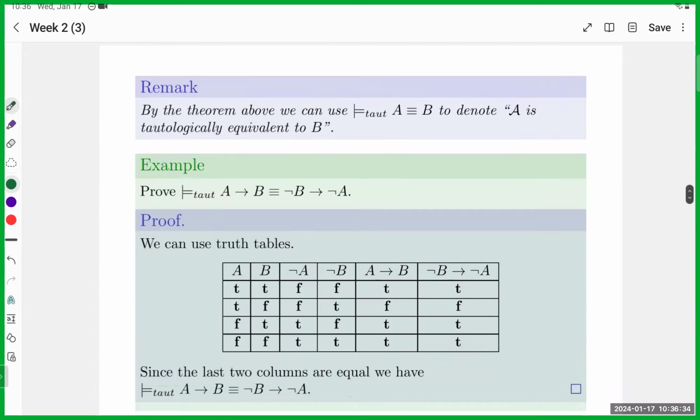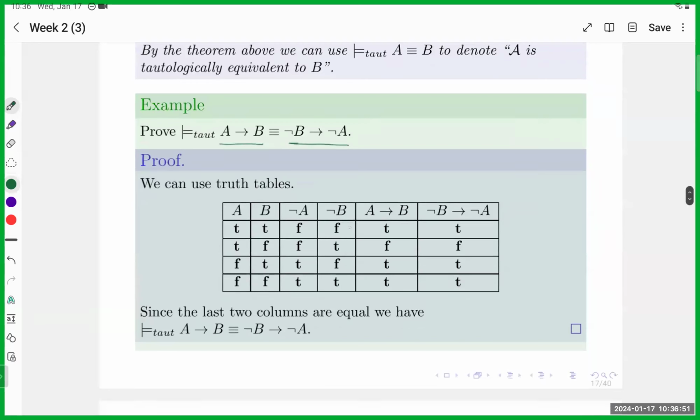So it's actually easier to prove tautological equivalences using truth tables. If you have two formulas, let's say A implies B and negation of B implies negation of A, you write the truth tables and look at the columns corresponding to these two formulas, and if they are identical, the formulas are tautologically equivalent.